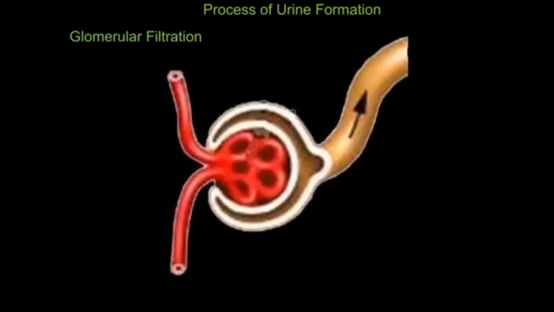Glomerular filtration occurs at the renal corpuscle. Here, substances are delivered to the nephron via the afferent arteriole and into the glomerulus. Smaller substances easily diffuse across the membrane of Bowman's capsule, leaving behind larger substances in the glomerulus, which eventually move into the efferent arteriole.